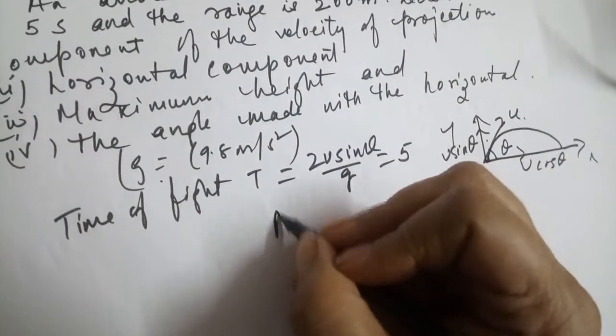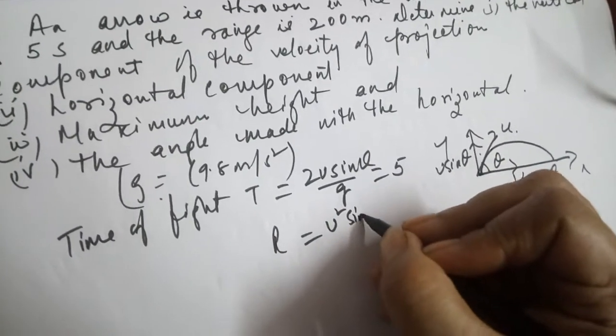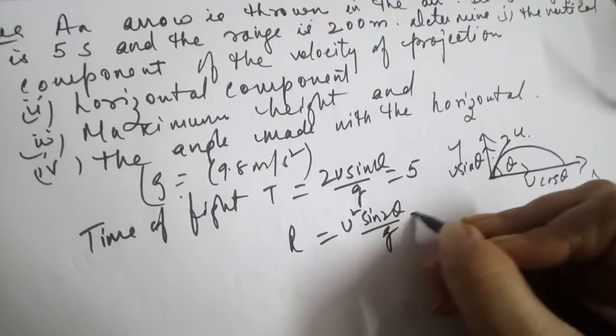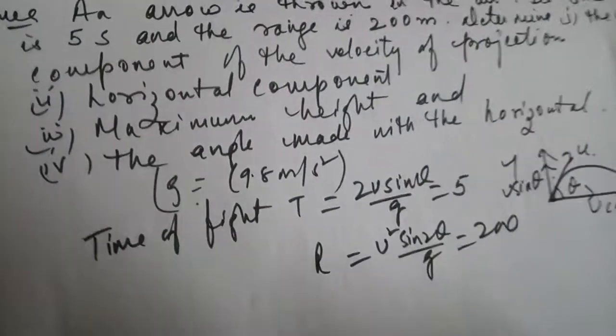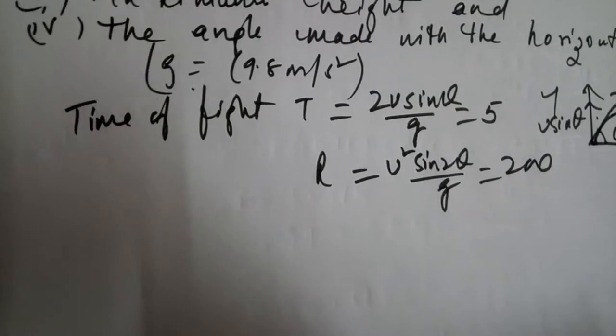The formula is R equals u square sin 2 theta by g, and the value is given as 200. So we have two values here: one is the time of flight, with the formula applied, and the second is the range, with the formula applied and the value written.